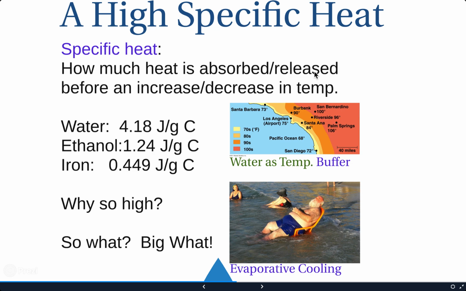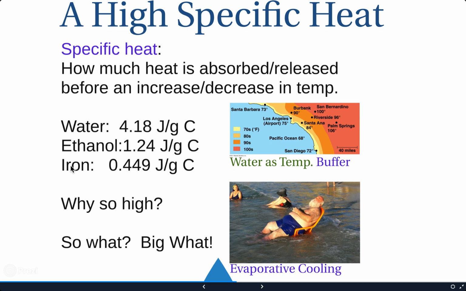Also, water has a high specific heat. So what a high specific heat is, it means that hydrogen bonds take a lot of heat in order to break, okay? So they can absorb a lot of heat before they change their temperature. So specific heat would be how much heat is absorbed or released before an increase or decrease in temperature occurs.